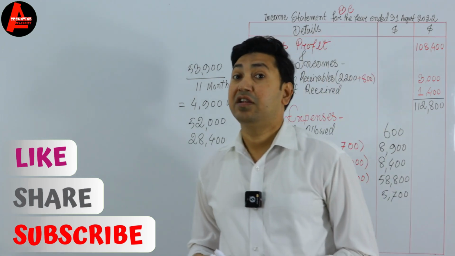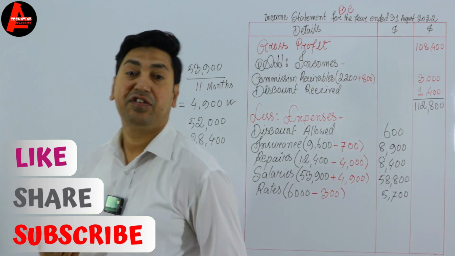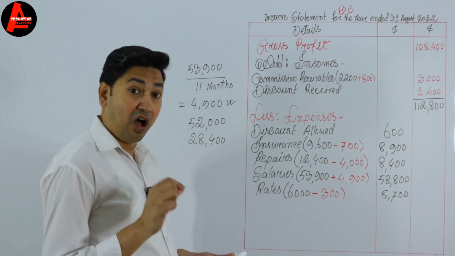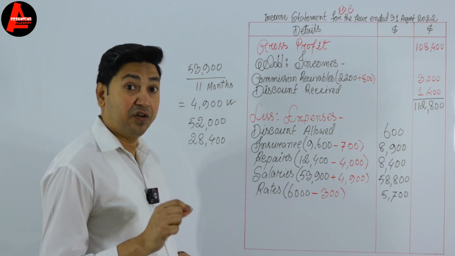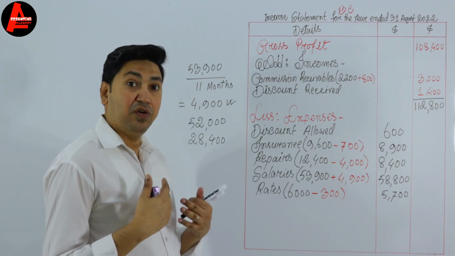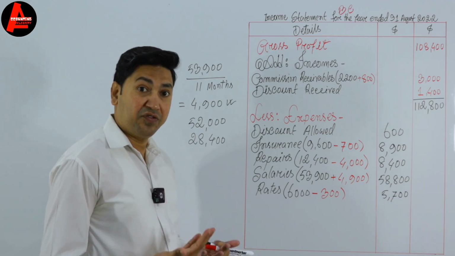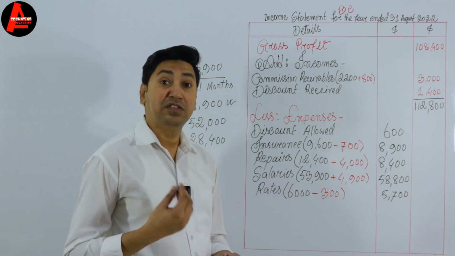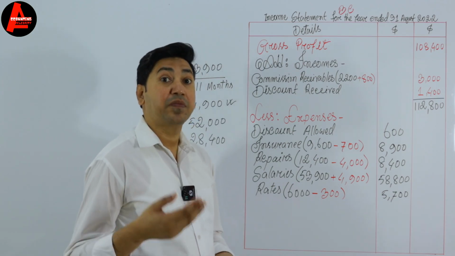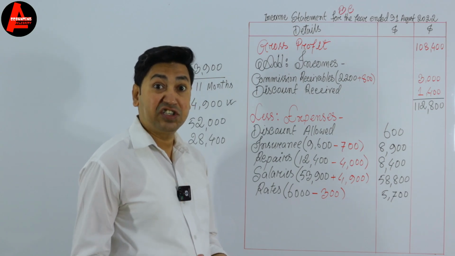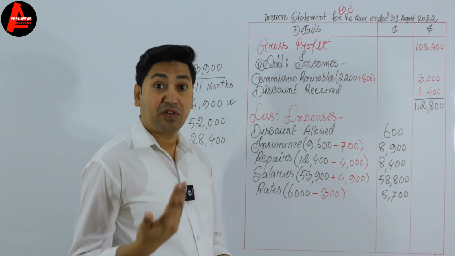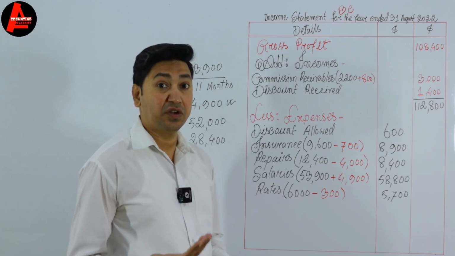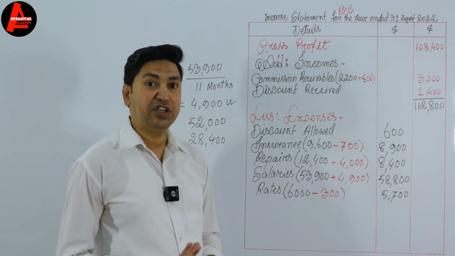So how to calculate depreciation using the reducing balance method? You need to calculate depreciation on net book value. So you need to calculate net book value first of all. But how to calculate net book value? There is a simple formula you need to remember. Net book value of machinery equals the cost value of machinery minus provision for depreciation of machinery.